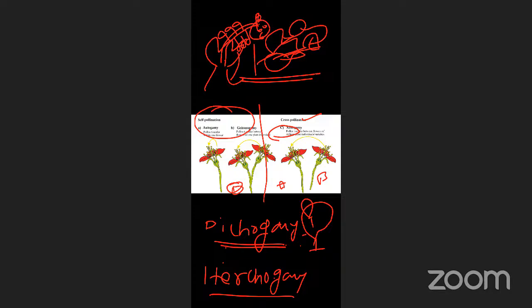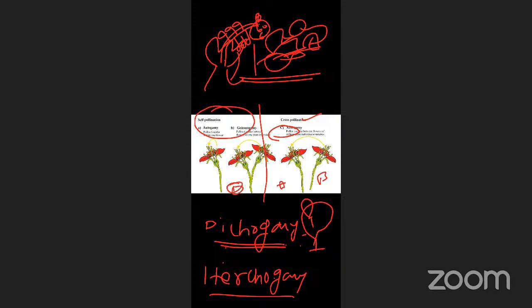Of course, the next one is somewhat difficult. Wind and water are common, but apart from that, rain is also one of the best agents to transfer the pollen grains through the air. That is called ambrophily. So this is about abiotic agents: first wind, anemophily; water, hydrophily; raindrop, ambrophily.